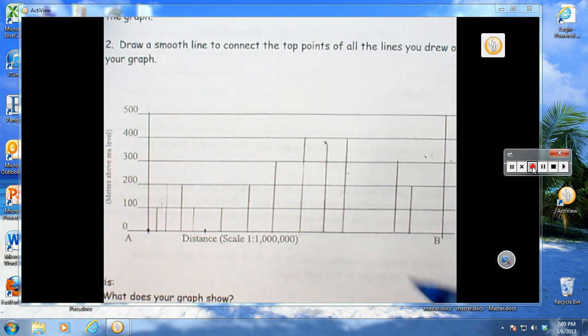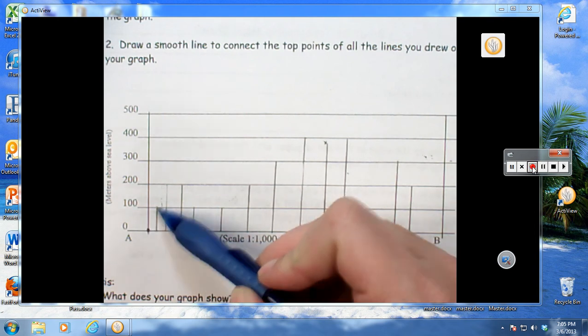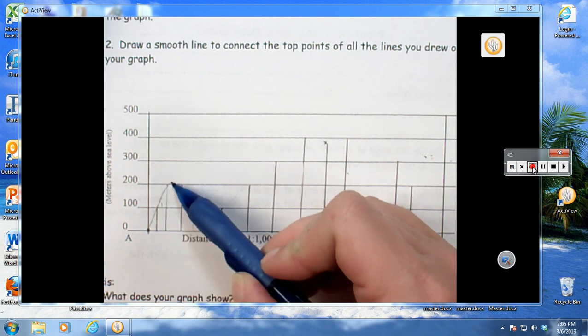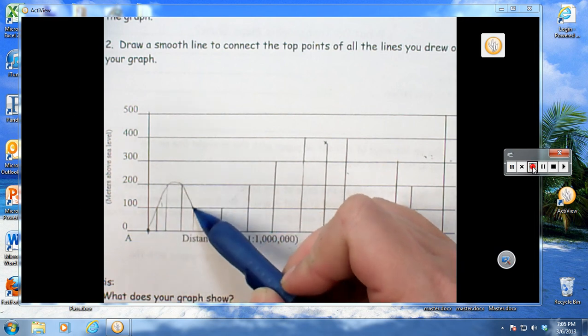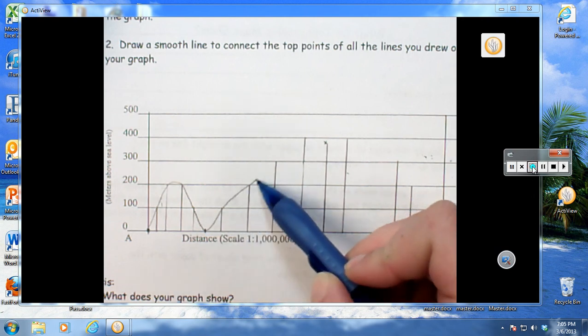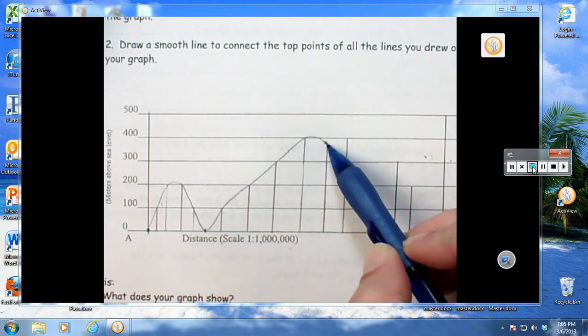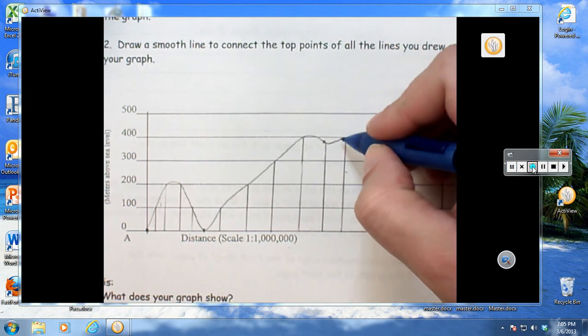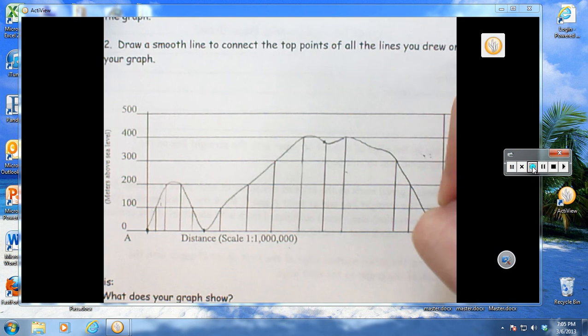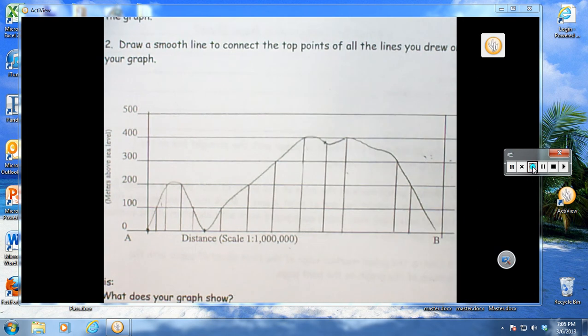So what you need to do is make sure that the lines that you draw are not straight, jagged lines, but they are curving. Like for example, there's a hill, so you would curve that hill, you'd come back down into the valley and then back up on a hill and continuing up, and then this dips down. So if you notice the lines that I'm making as I'm connecting each of these points, they're more of a curve than they are anything else.